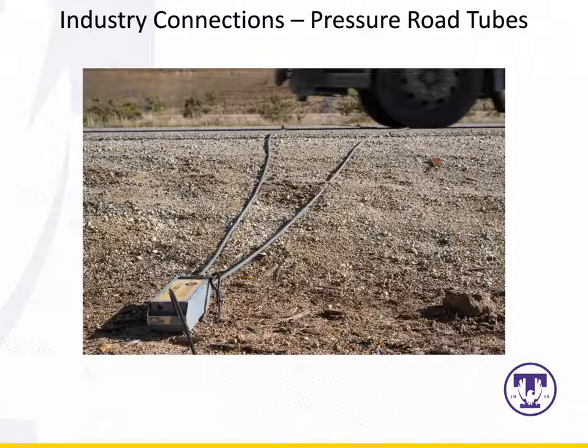As the vehicle crushes the tube, the volume in the tube goes down, which makes the pressure in this road tube go up. And there's a pressure sensor in here that detects the increase in pressure that is caused by the wheels of a vehicle running over the tube. So it's pretty easy to detect that someone has run over the tube.